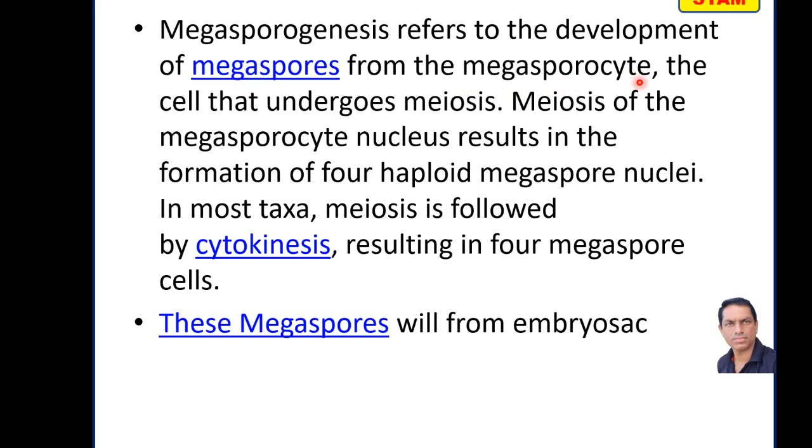This megasporocyte undergoes meiosis. Meiosis of the megasporocyte nucleus results in 4 haploid megaspore nuclei. In most taxa, meiosis is followed by cytokinesis, resulting in 4 megaspore cells. These megaspores will form the embryo sac.